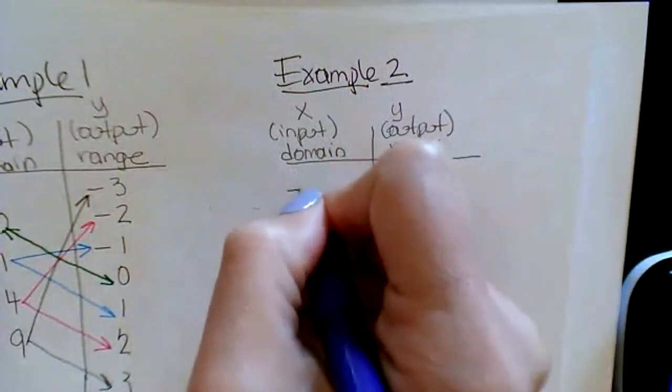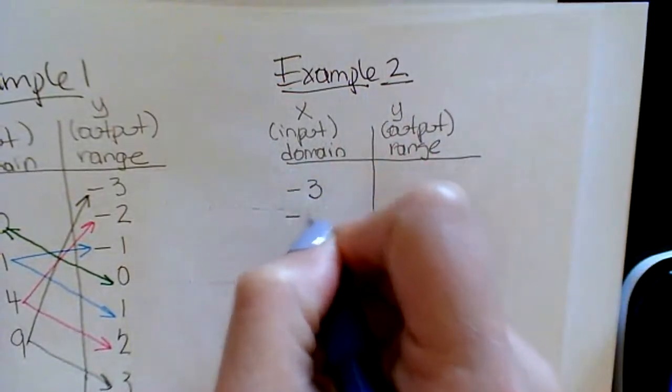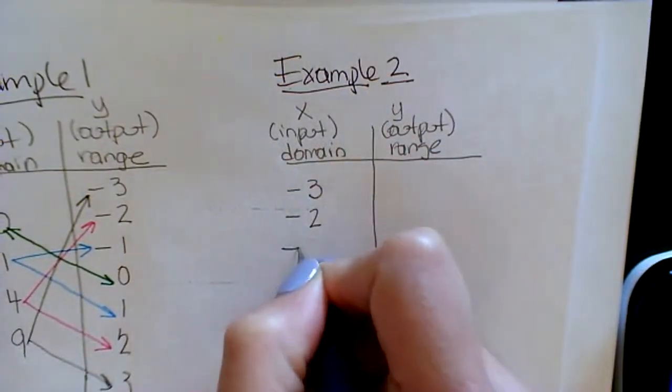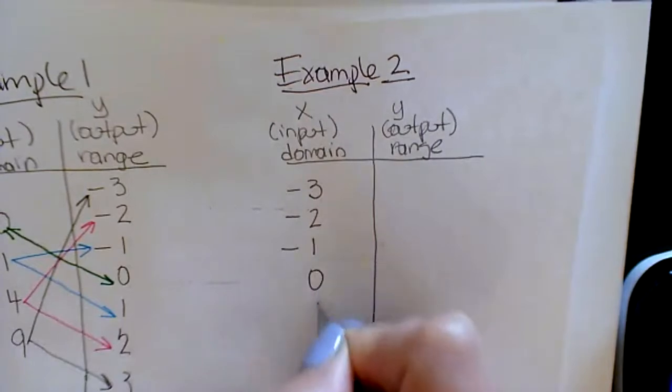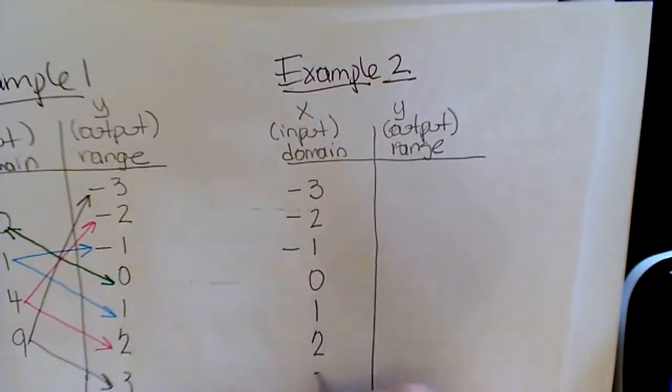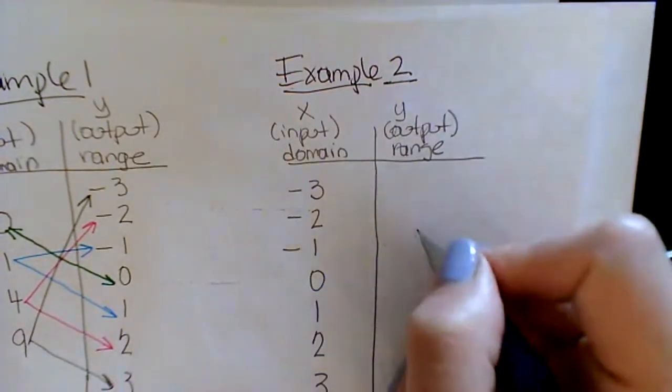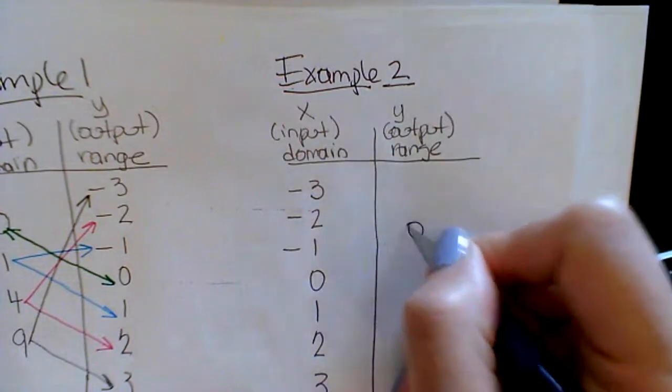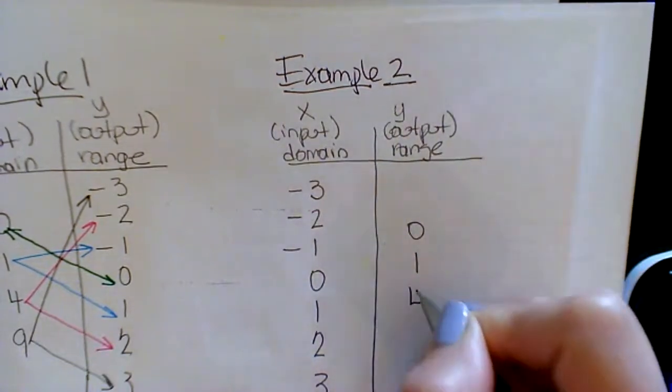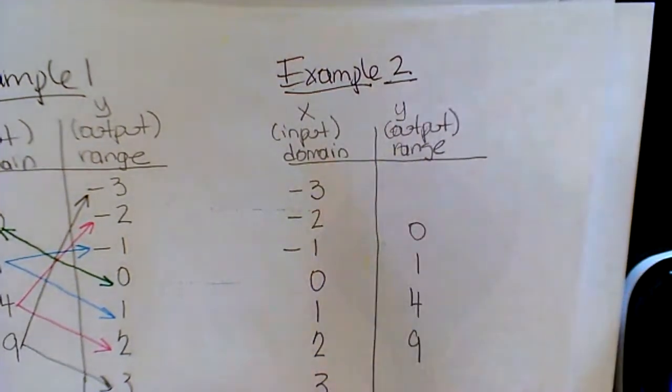All right, so I have negative 3, negative 2, negative 1, 0, 1, 2, and 3. And over here I have a 0, a 1, a 4, and a 9.